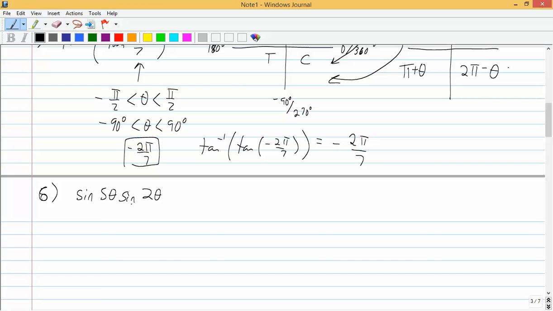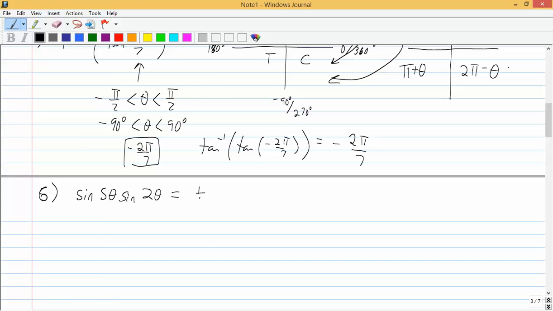Alright, so this is a product to sum problem. Alright, so look at your formula sheet and look at the section that has product to sums. You should see like sine times sine. So sine of alpha times sine of beta, that's the formula we want to follow.